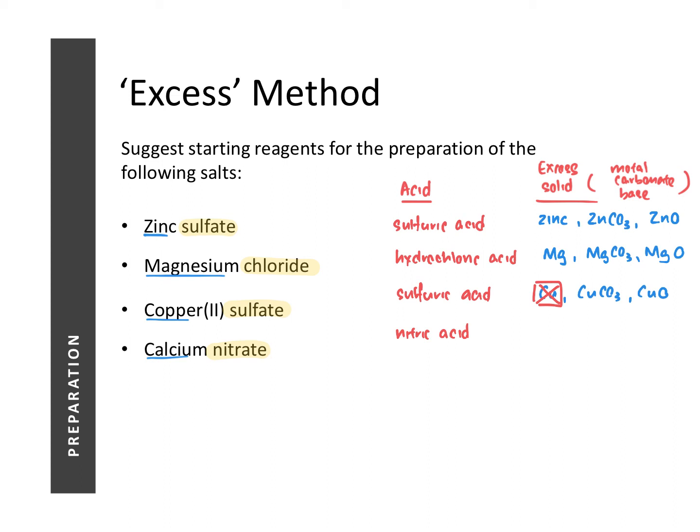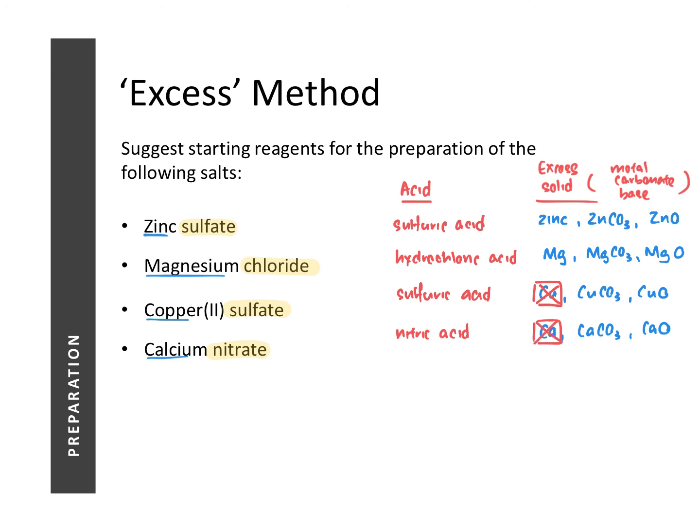Similarly, for the last case, it seems that we can react nitric acid with either calcium carbonate or calcium oxide. But the problem with calcium is that it is very reactive. It's the opposite of copper. Copper is too unreactive, calcium is very reactive. So when calcium reacts with nitric acid, it can be very vigorous, and we don't want that.